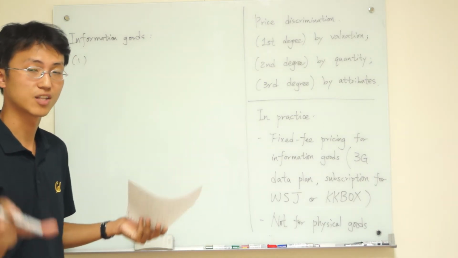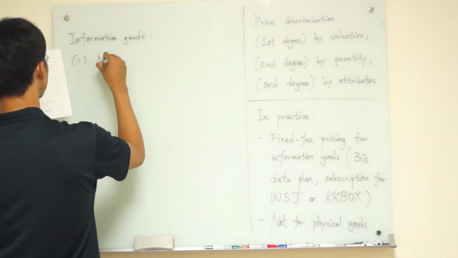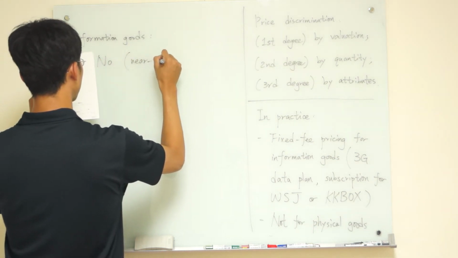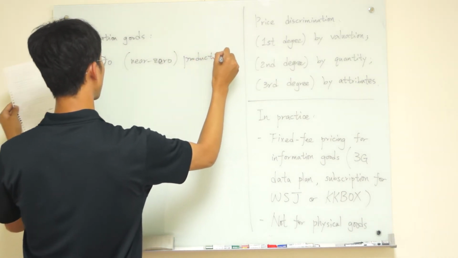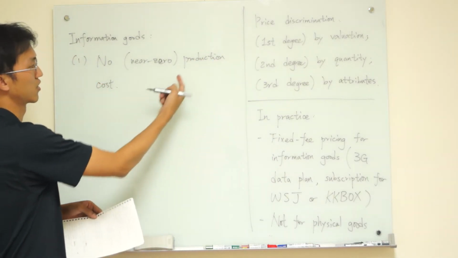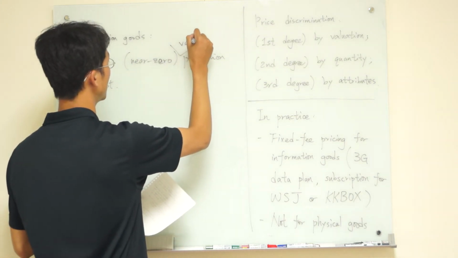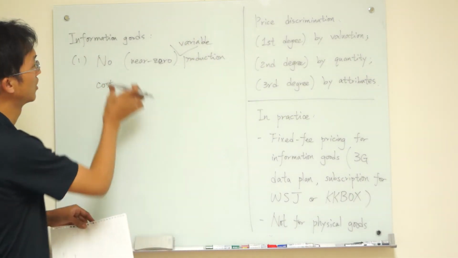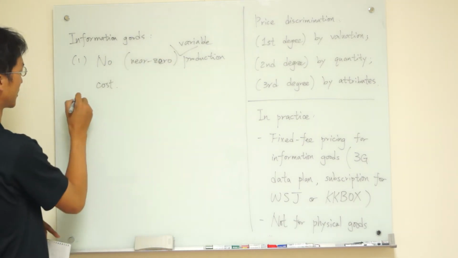It costs almost nothing to reproduce information goods. Designing or developing an information good is costly, but reproducing them is easy.